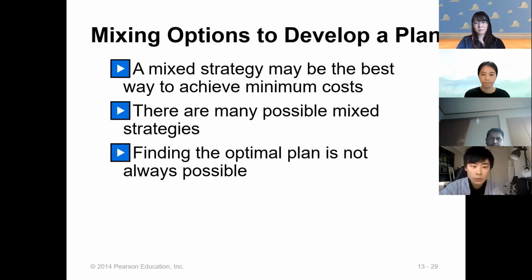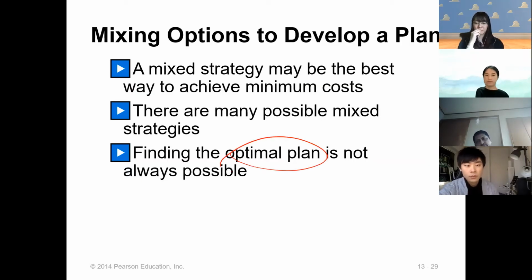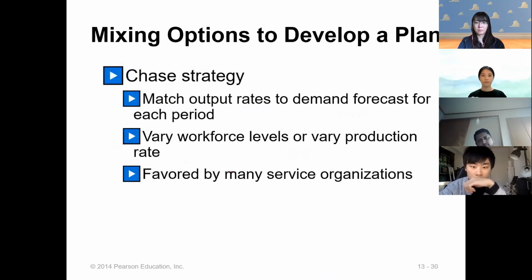Okay, so you can play around with the numbers that you produce to meet the different periods. And there are many possible strategies, and you need to find an optimal. Optimal means the best for your products mix and also for the organization's strategy.